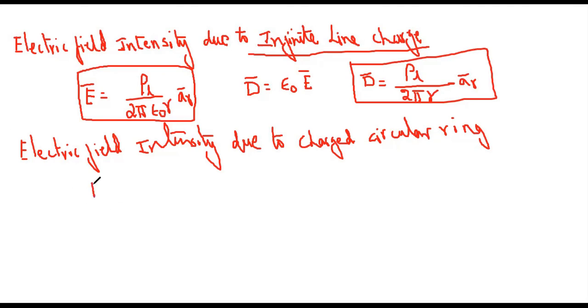E bar is equal to, after the cancelling of the AR bar component, only the AZ component we get.